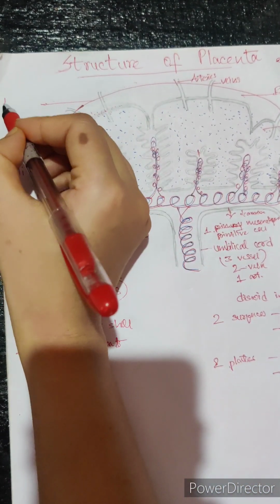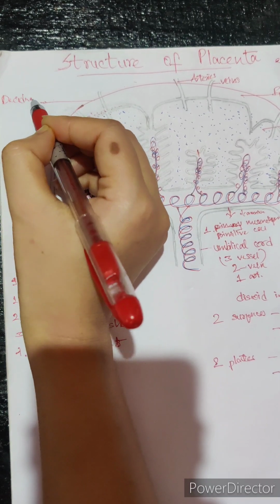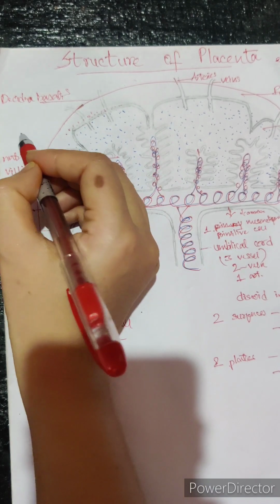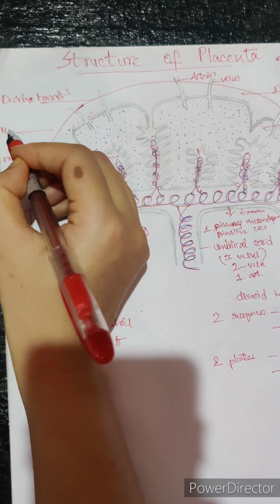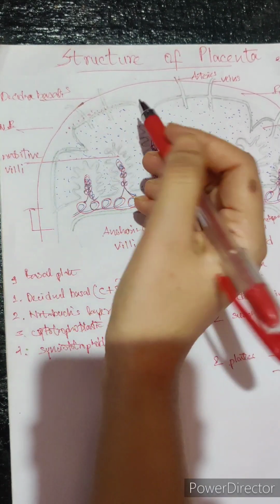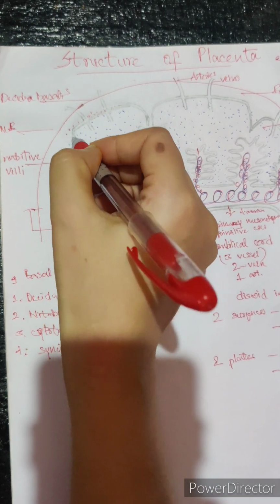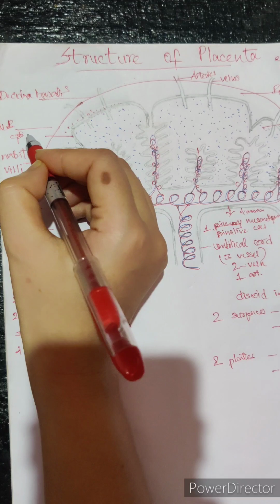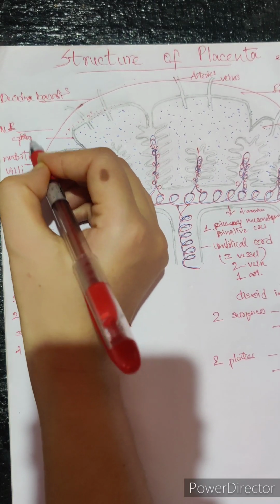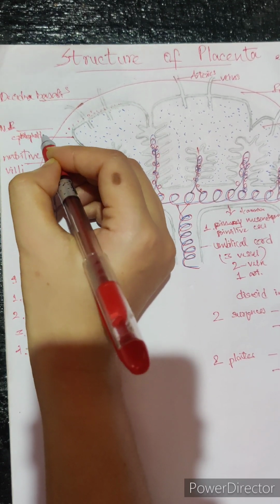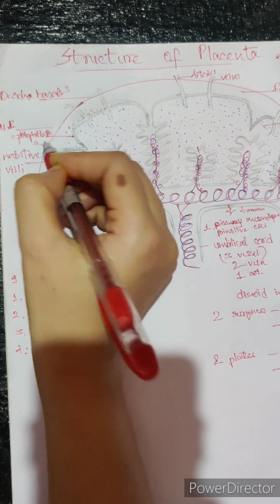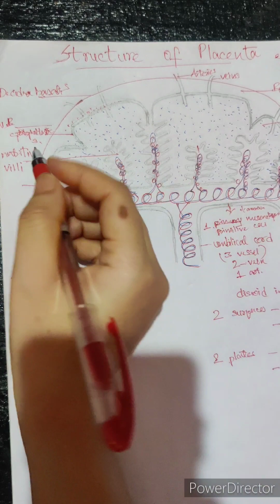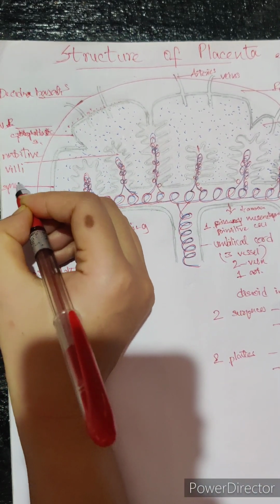This is your Nitabuch layer, and this is your cytotrophoblastic cell. Okay, this is the cytotrophoblastic shell, and this inner one is the syncytiotrophoblast.